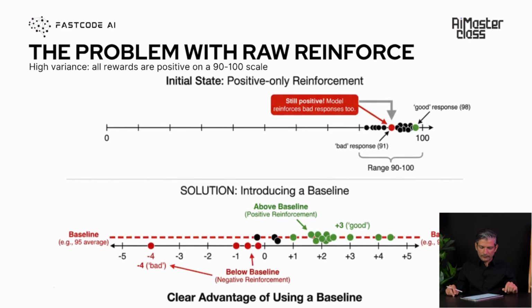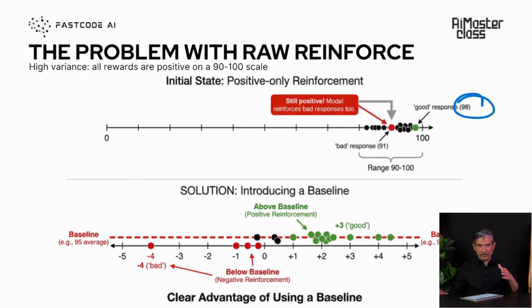Now the problem with raw REINFORCE is that let's say our scores are always between 90 and 100, because that is how we asked people to score it, or that is how something else outputted those rewards. Then let's say we have a good response which is 98. Sometimes you say, what is your pain level between 1 to 10, 1 being very high and 10 being very low.